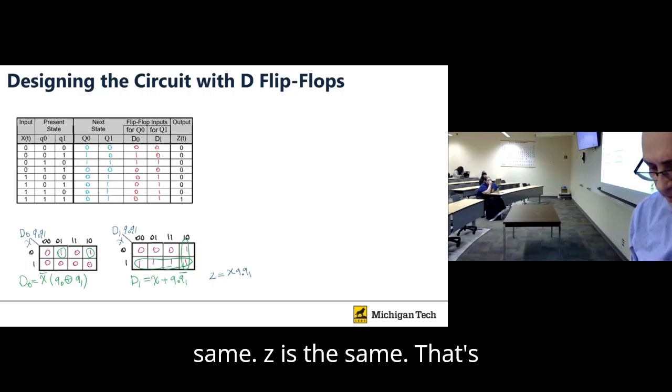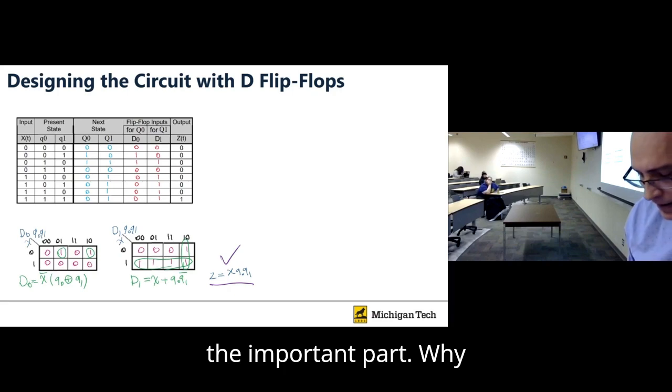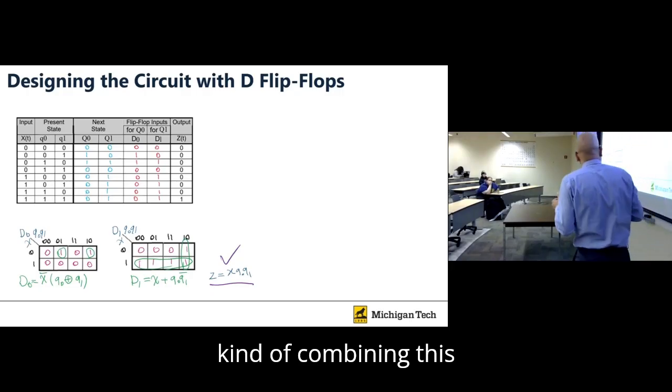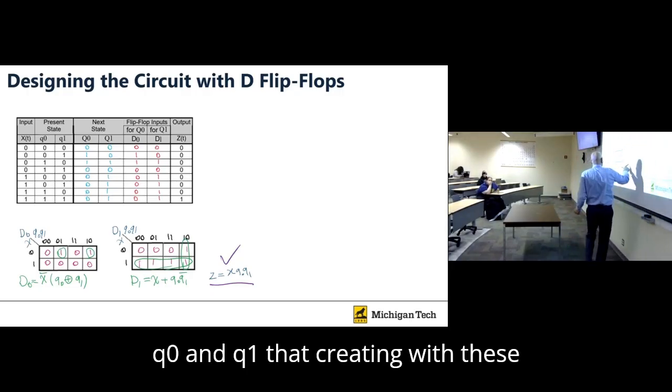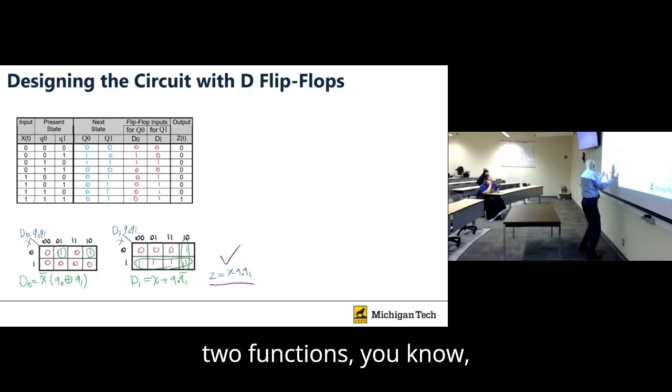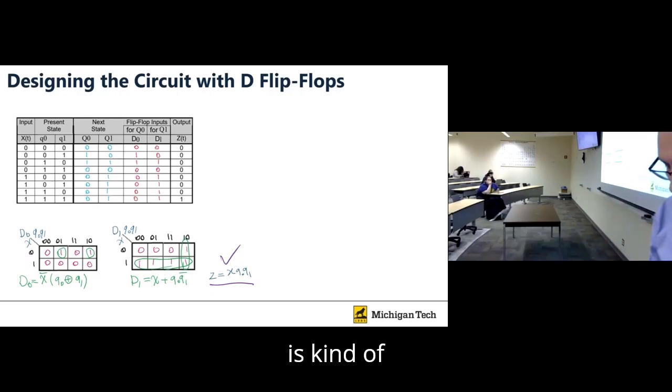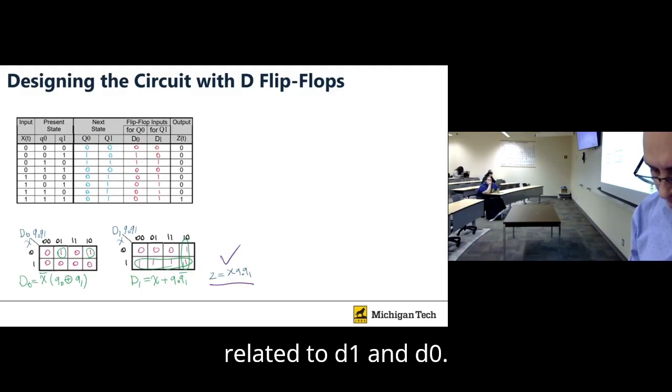But Z is the same. That's the important part. Why is Z the same? Because Z combines this Q0 and Q1 created by these 2 functions, which is related to D1 and D0.